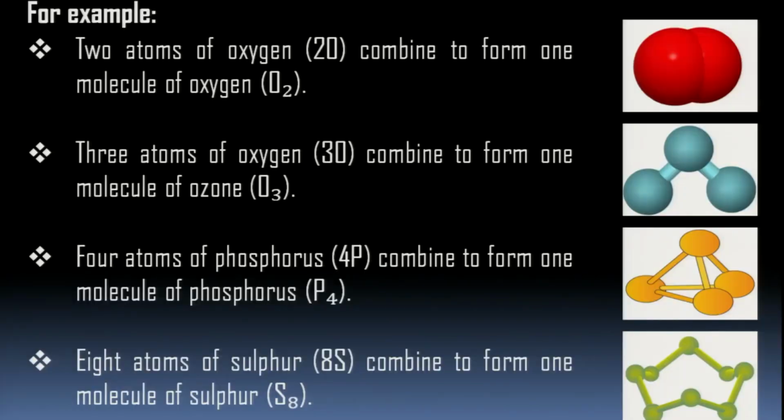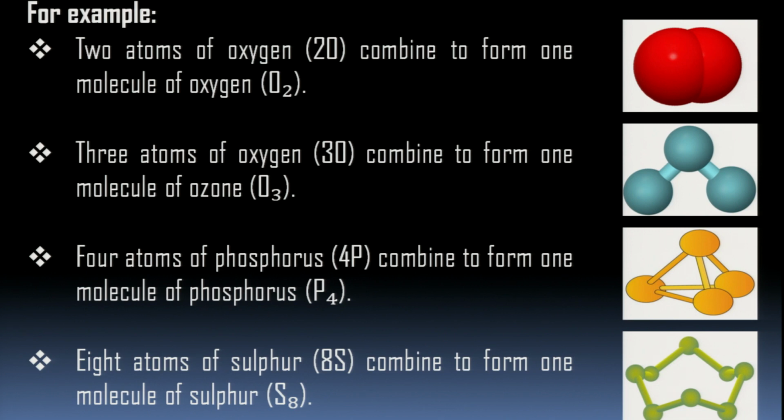See in the figure, children. 2 atoms of oxygen combine to form one molecule of oxygen, O2. In the picture on the screen, you can see 2 atoms of oxygen. They have combined to form an oxygen molecule. Now see, 3 atoms of oxygen combine to form one molecule of ozone.